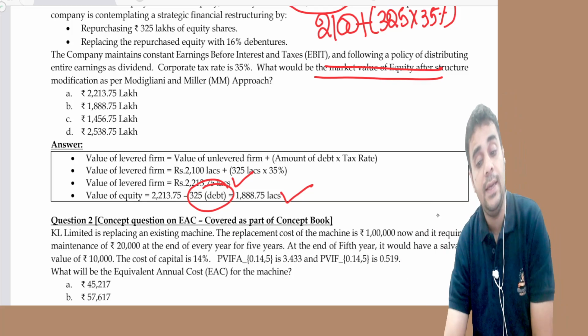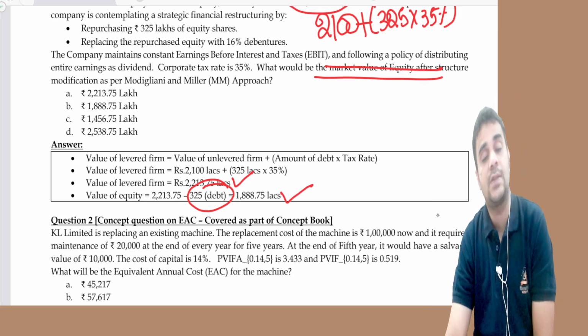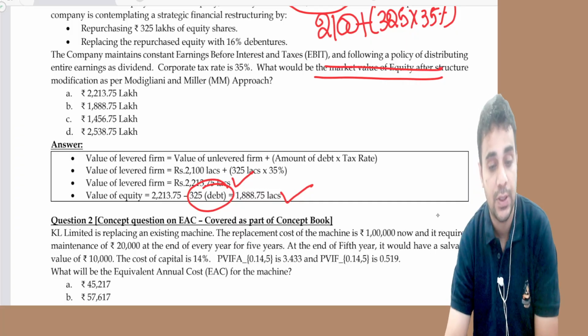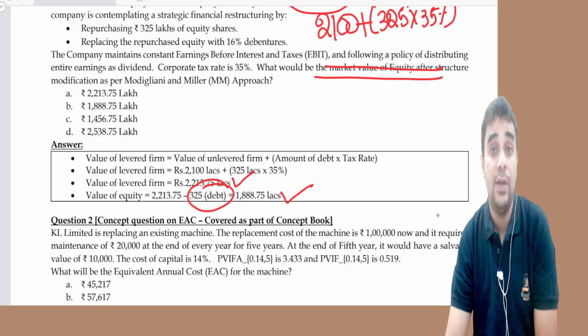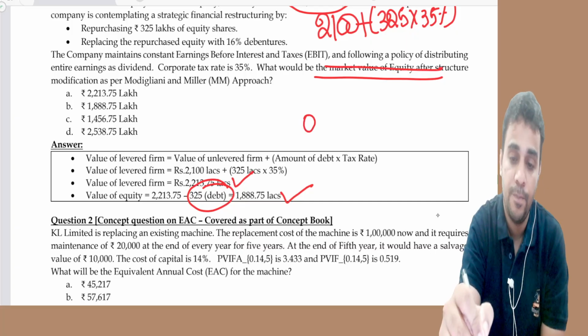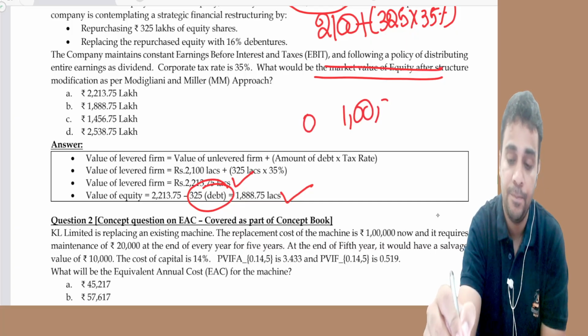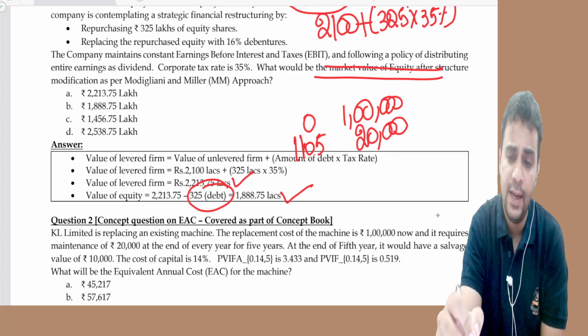Second one was on equated annual cost computation, EAC computation. For EAC, you'll have to write the cash flow, get the PV of outflow, and divide by the annuity factor. Year 0, outflow 1 lakh, then years 1 to 5, 20,000 outflow. At the end of the 5th year, inflow.